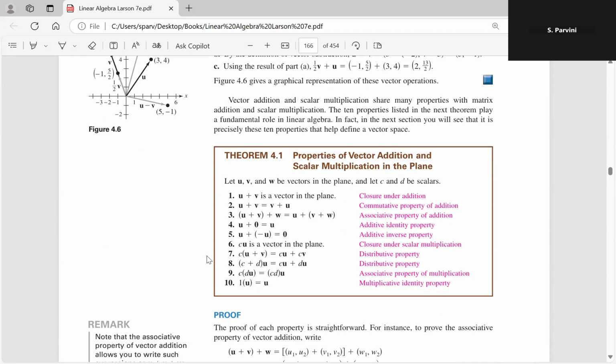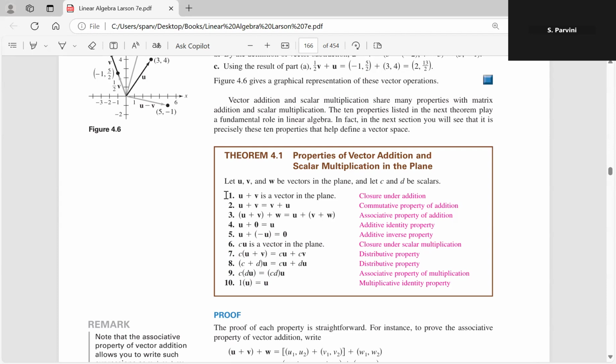So we have these 10 properties of vector addition and scalar multiplication. Okay, now the first 5 are vector addition. The last 5, numbers 6 through 10, are scalar multiplication of a vector. And all of these pretty much behave the way you would expect them to.